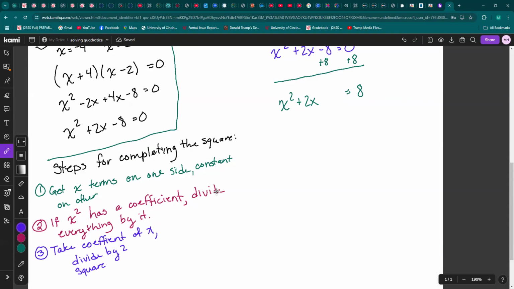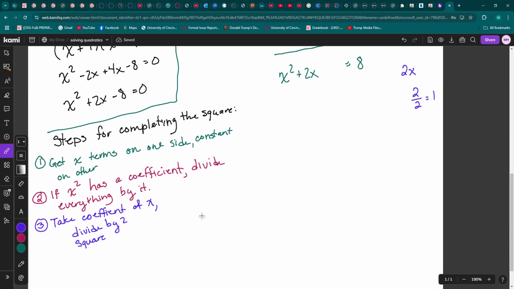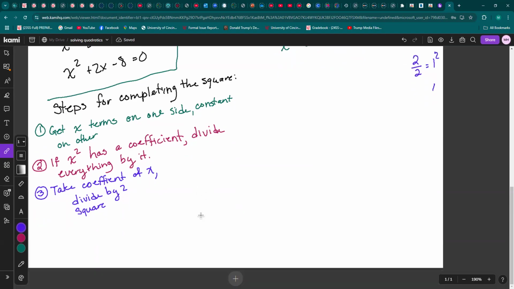So we're going to first divide by 2. So I need the number I'm looking for. I'm going to put it off to the side. I have 2x. So this is going to be 2 divided by 2, which is 1. Okay. So I've got 1 that I need to do. 1 squared. I square that, and I have 1.